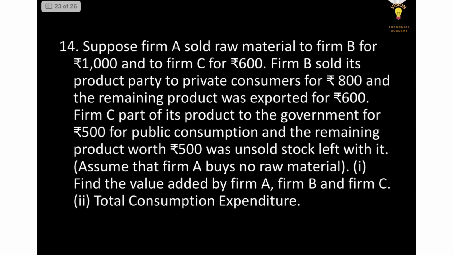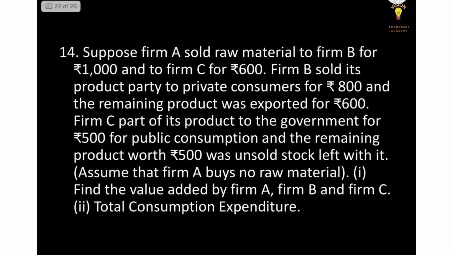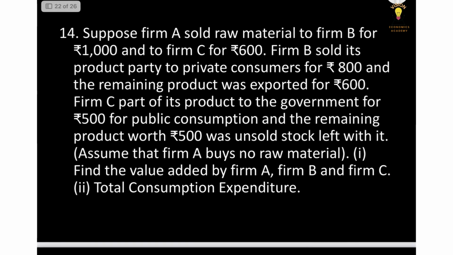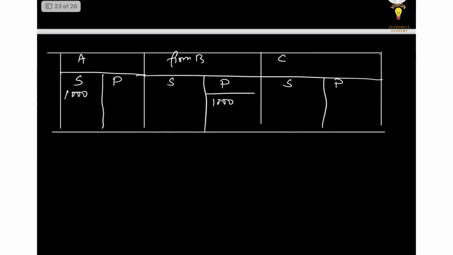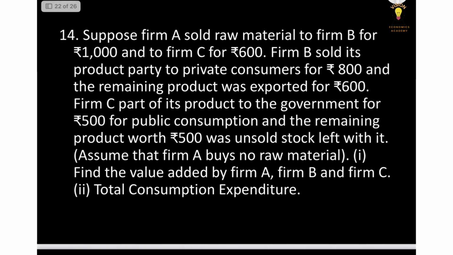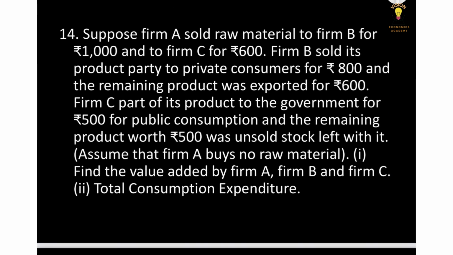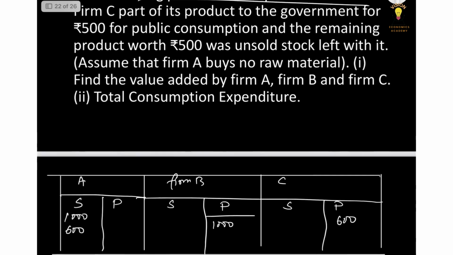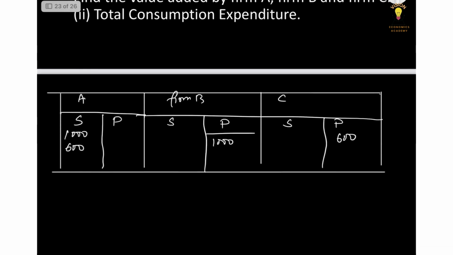Now, what does the question say? Firm A sold raw materials to firm B for 1000. So this becomes purchase of firm B, and A is selling. Then to firm C also it sells raw materials worth 600, so it becomes a purchase of 600 here, sales of 600. B sold product partly to private consumers for 800 and the remaining was exported for 600. So B's sales are 800 and 600.